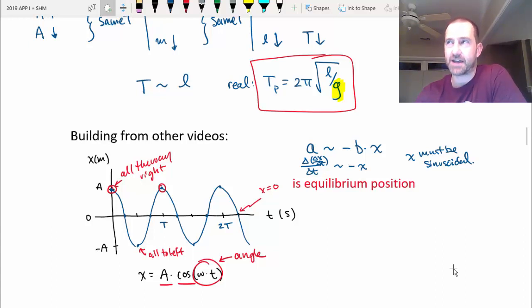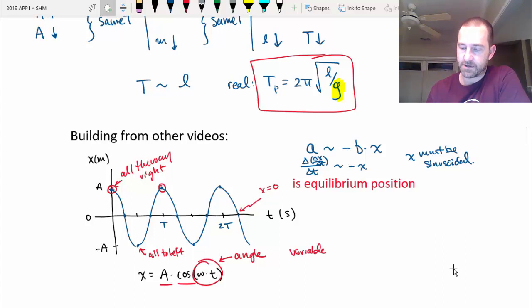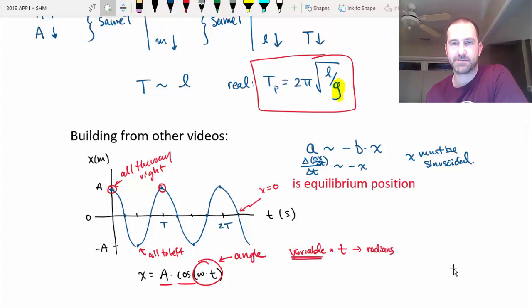And there just happens to be something that, if we call it some unknown variable, when we multiply it by time in seconds, we get an angle, in this case radians. So that variable has to be radians per second.